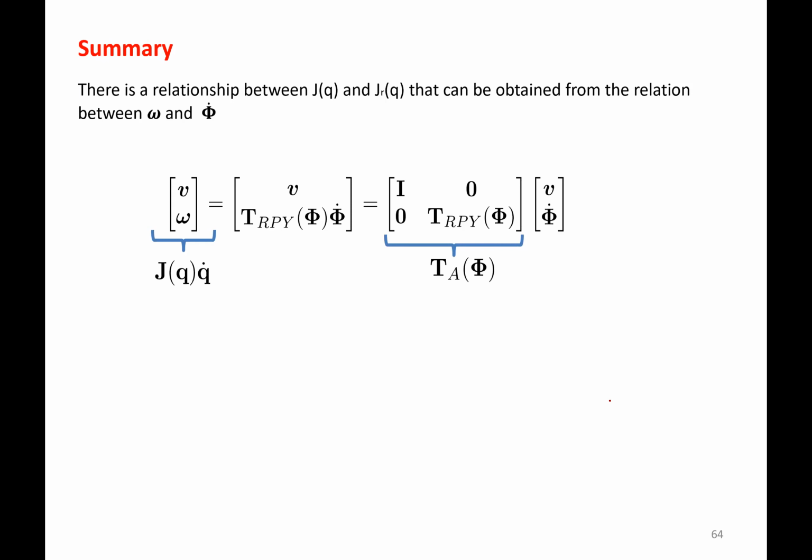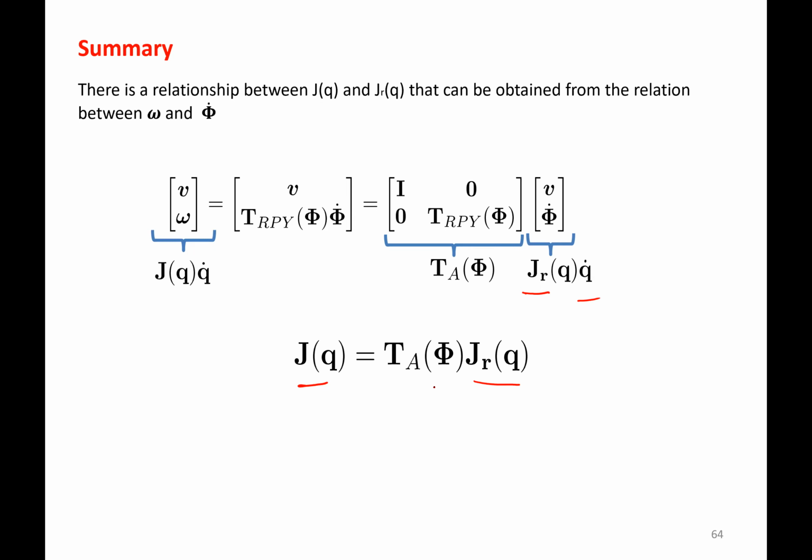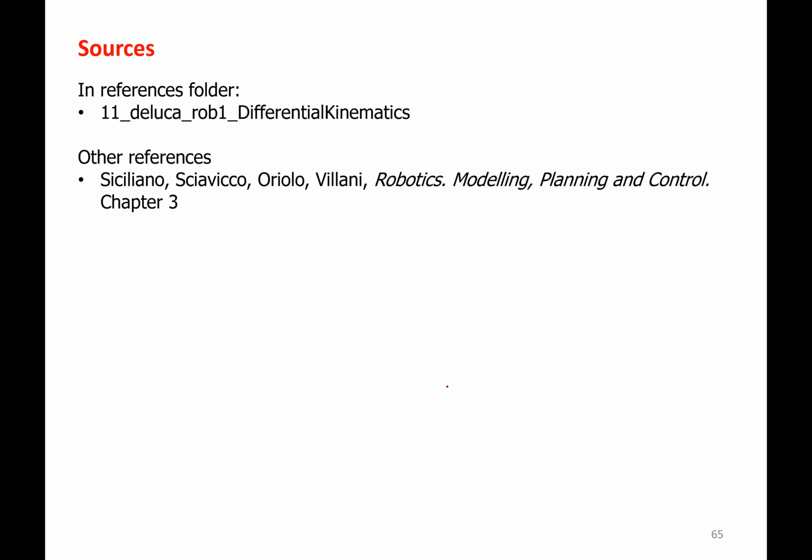Here we have what we define as our transformation matrix A. And then here we have the multiplication between the analytical Jacobian and the joint space variables. So the geometric Jacobian is related to the analytical Jacobian through this transformation matrix, and you can move from one to the other using this TA matrix. And these are just the references that I used to build this lecture.